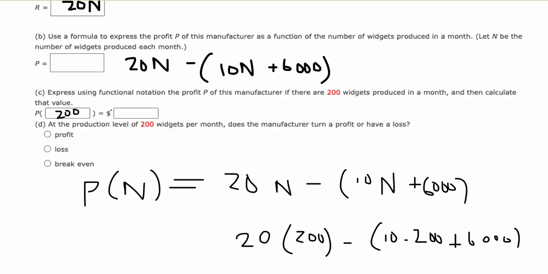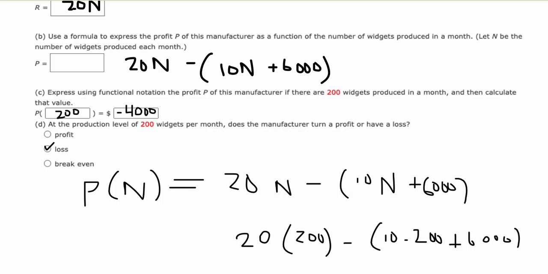I get negative 4,000, which is really bad for the company. They're going to have a loss if they were to only produce and sell 200 widgets. Apparently the costs would outweigh the revenue.